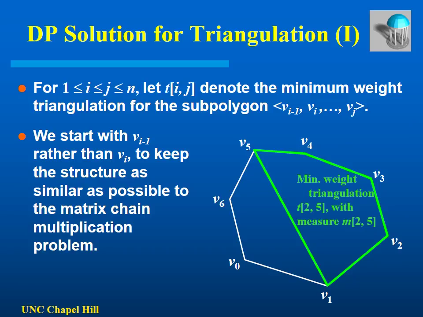Let us move on to formulating the dynamic programming solution that yields the triangulation. So we are searching for a minimum weight triangulation for the polygon whose vertices go from 0 to n.